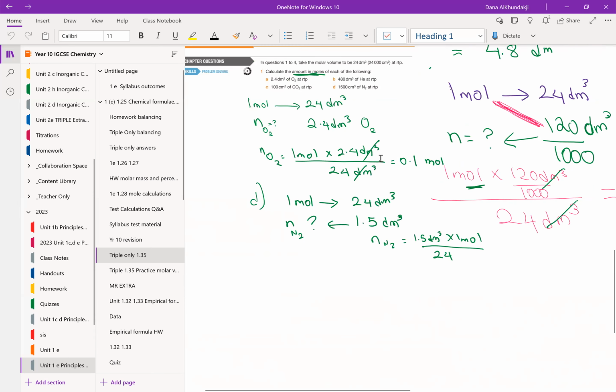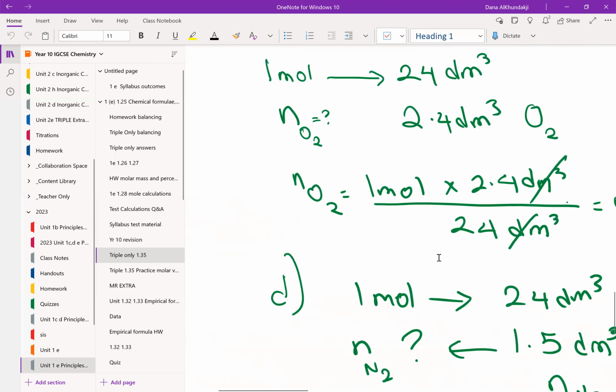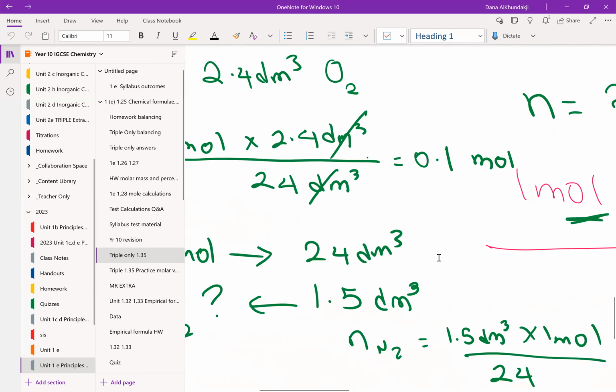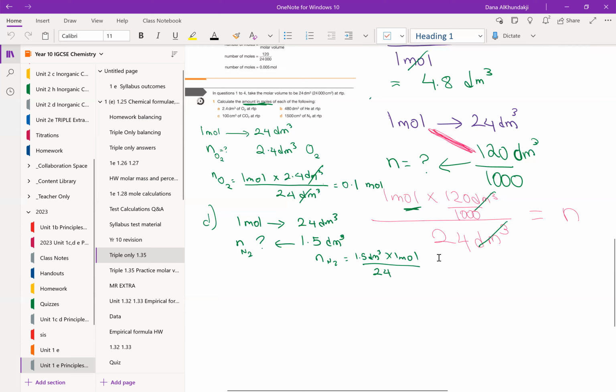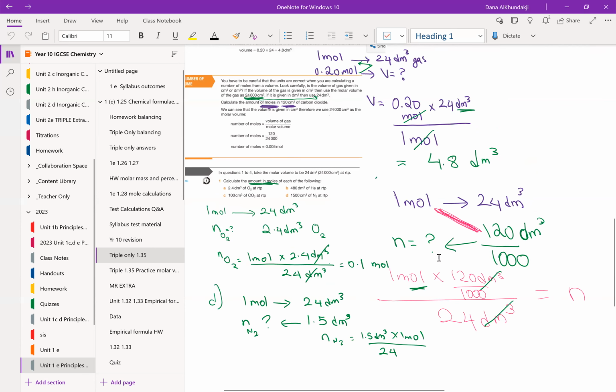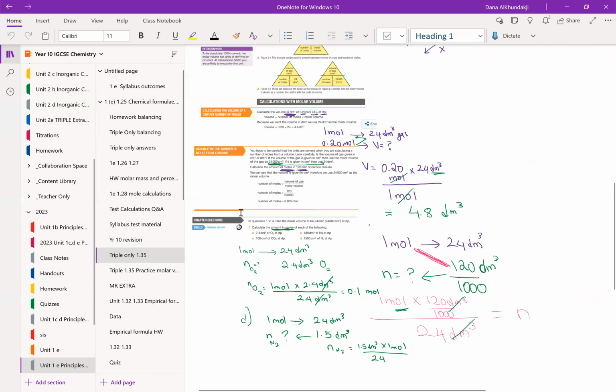Same thing, it's good practice to actually write the moles of whatever you're calculating as a subscript. So n of O2 over here, or if you're finding the volume, it would be V of O2. So keep always labeling with the symbol of whatever element or compound you are calculating. Okay, so that's it for volume. Thank you so much.